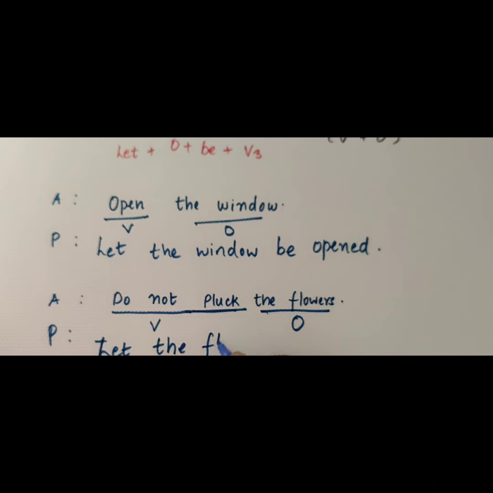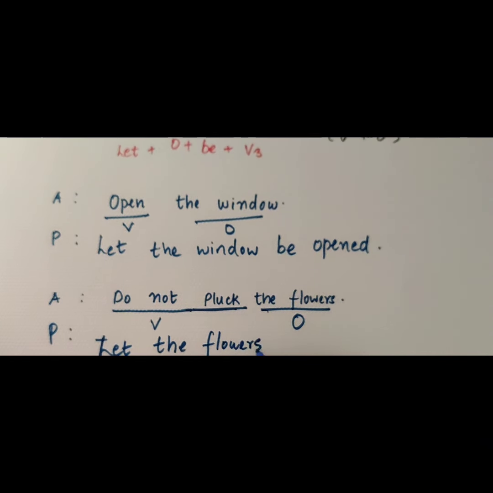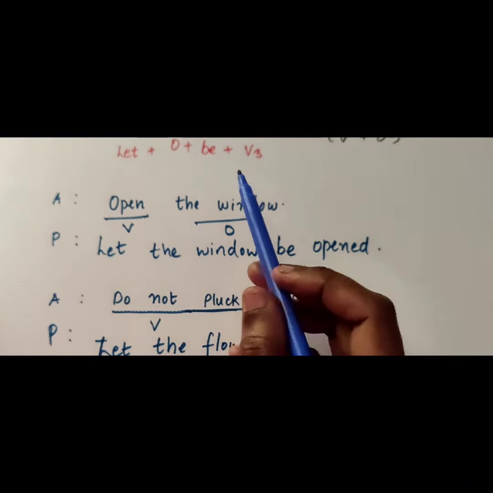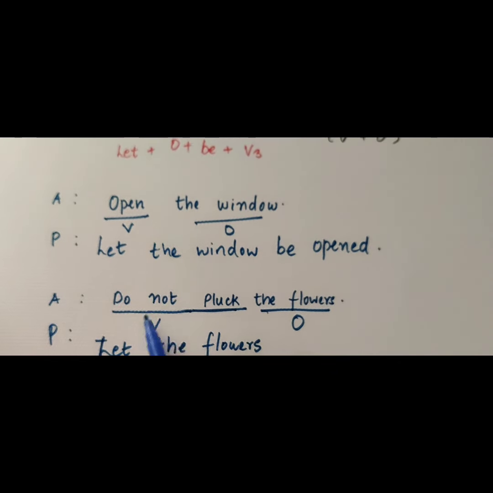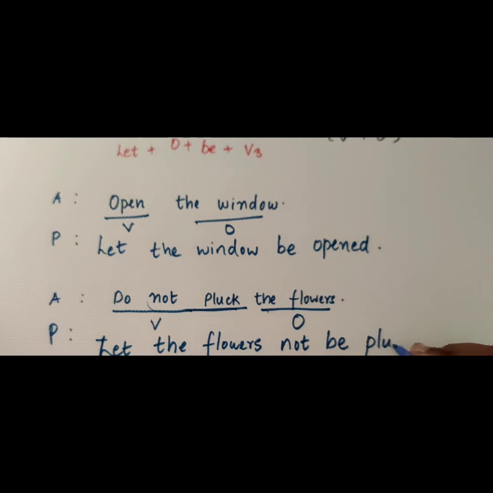Let the flowers. We have written the object. Here, not be: as it is a negative sentence, you have to add not in front of the be. Let the flowers not be. The third form of pluck is plucked. Let the flowers not be plucked.